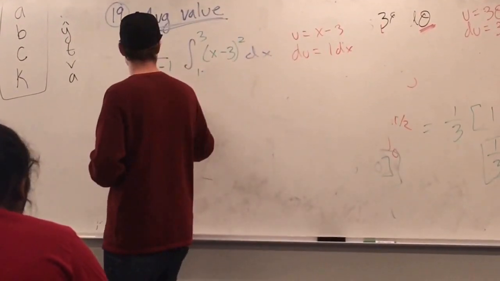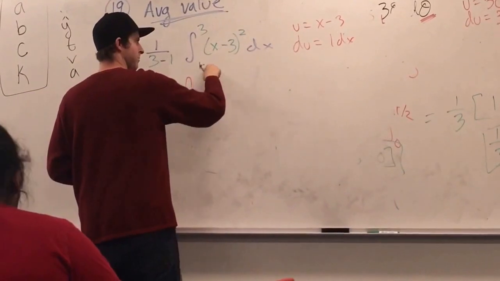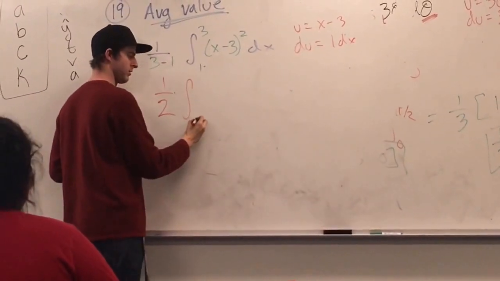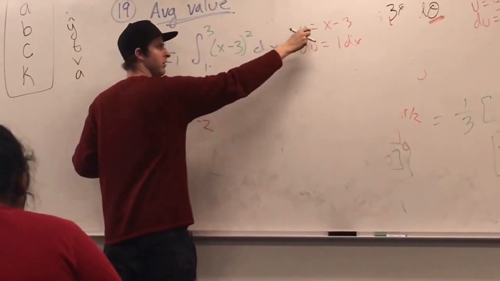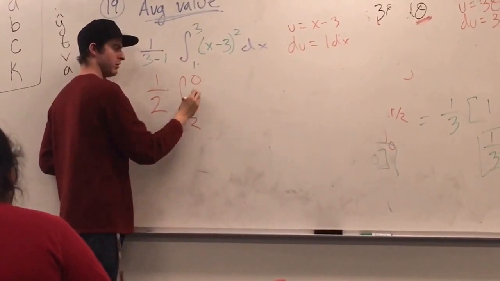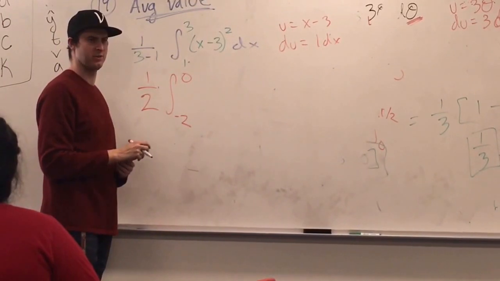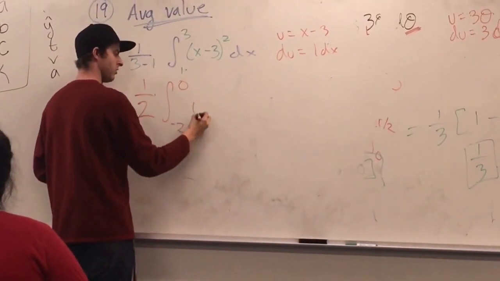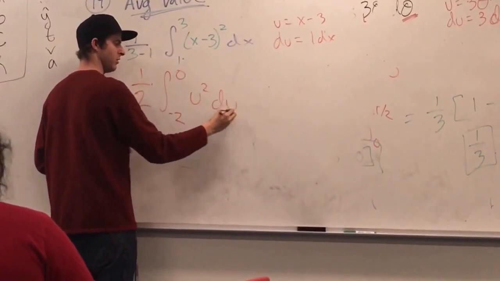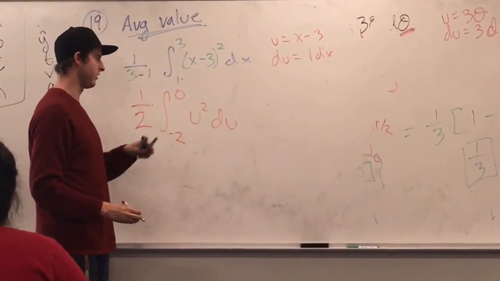So this becomes 1/2 integral. I plug in 1, 1 minus 3 is -2, 3 minus 3 is 0. Could you flip it and make it negative? Yeah, do you have to? No. u squared du.